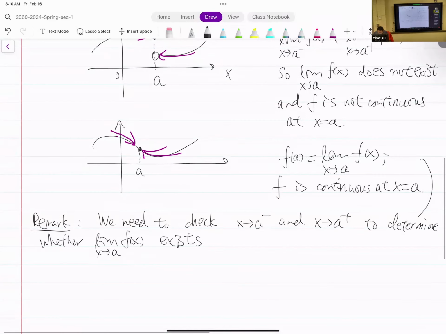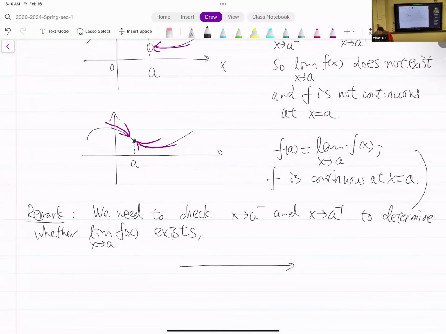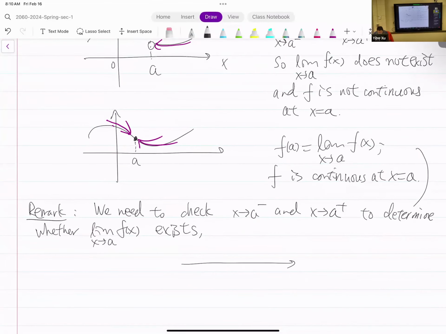Right? So when you think about it, here the input A is actually lying on the real line, and then you're approaching this input point, and there are only two possible directions you can go along this line.